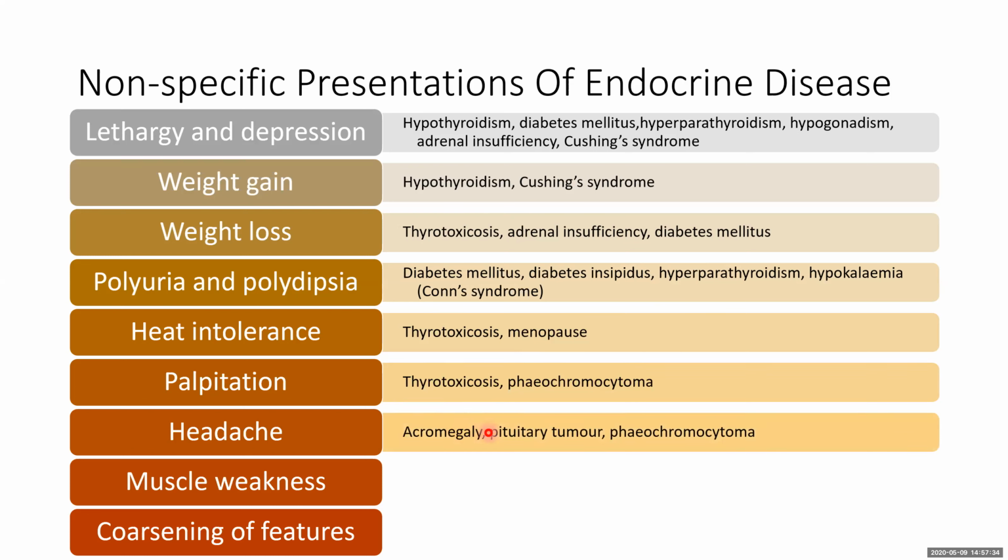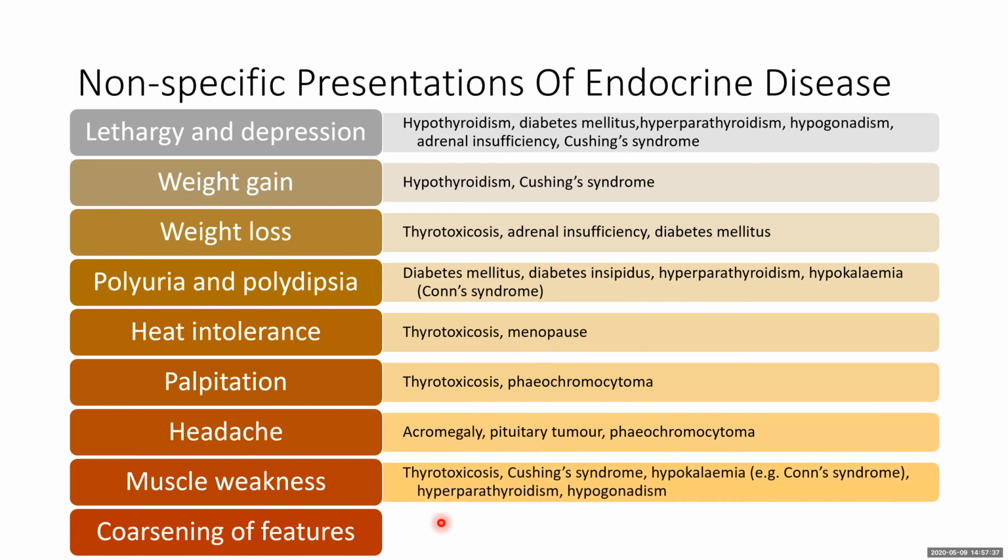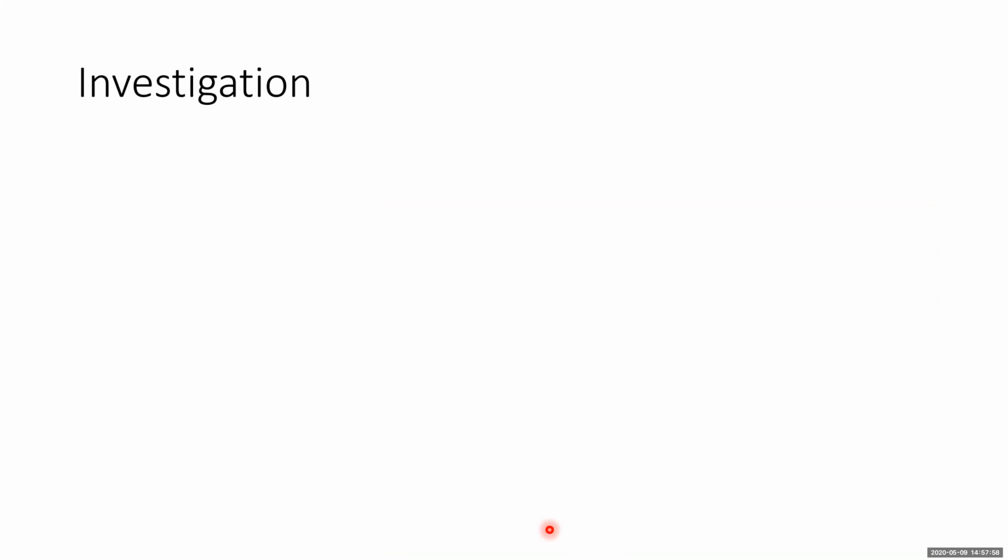Headache in acromegaly, pituitary tumors, and pheochromocytomas. Muscle weakness may be seen in thyrotoxicosis, Cushing, hypokalemia, hyperparathyroidism, hypogonadism. And coarsening is in acromegaly and hypothyroidism. So when one patient presents with different symptoms, we constellate the symptoms and look into the potential secretion or gland which may be involved when we are suspecting an endocrine disease.